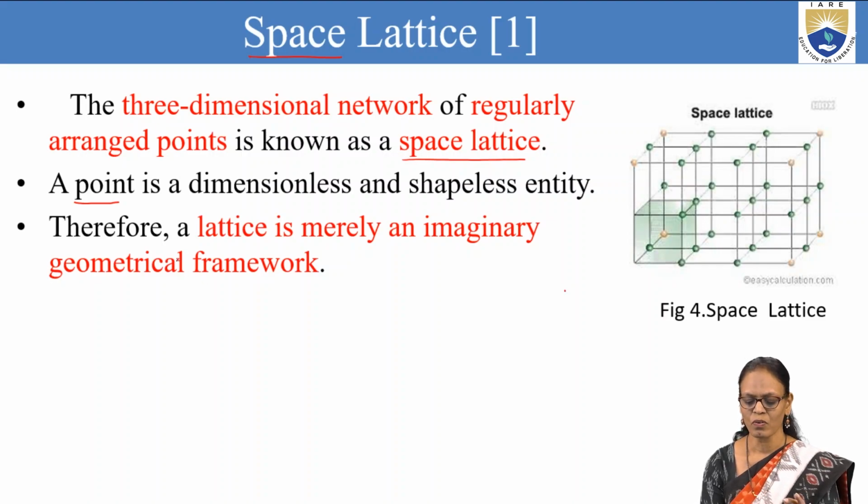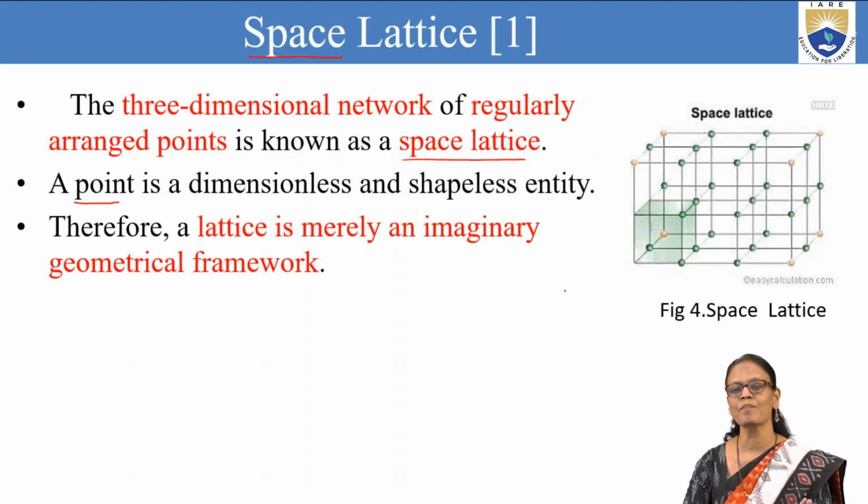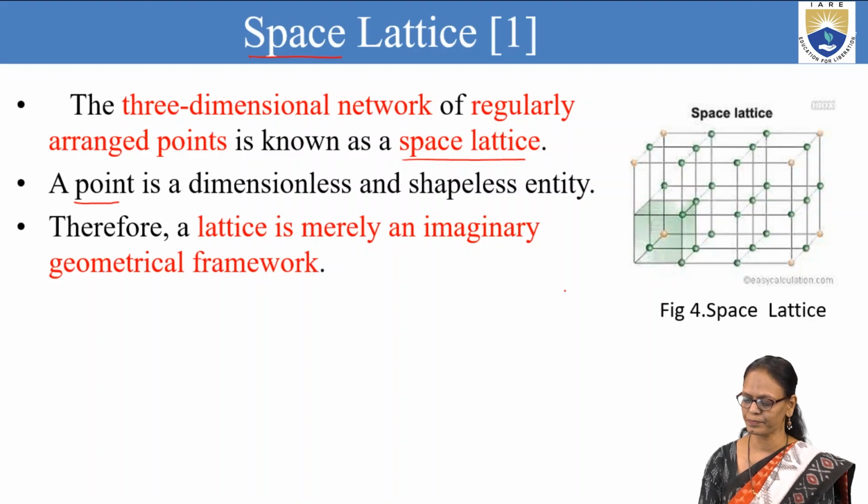So lattice is merely an imaginary geometrical framework. Whenever we have to build a structure, we need to know the points where the atoms are. To understand different crystal structures, it is easy to talk in terms of lattice points. So whenever we say lattice, it is only an imaginary framework.